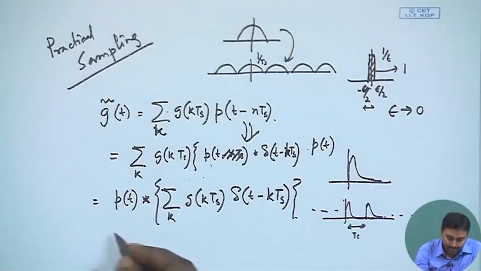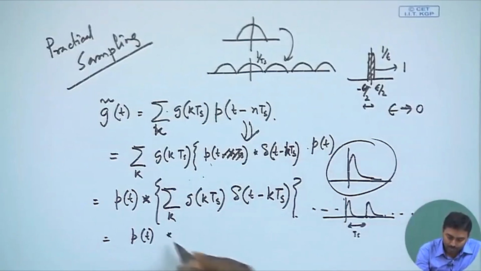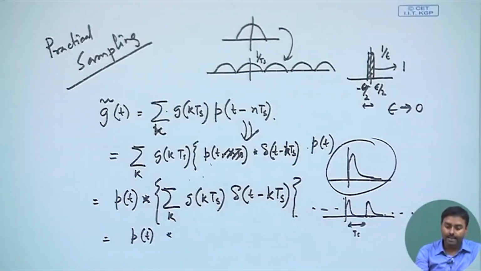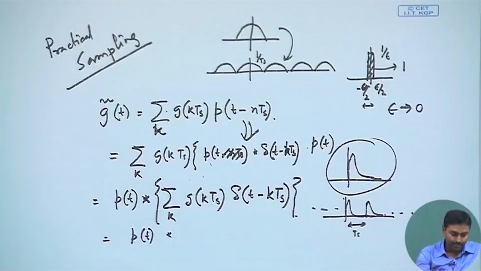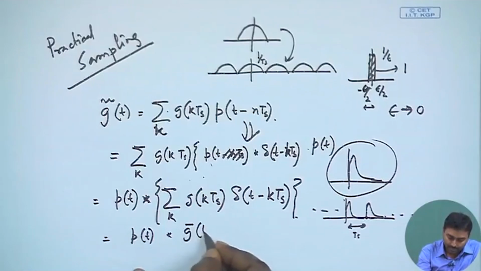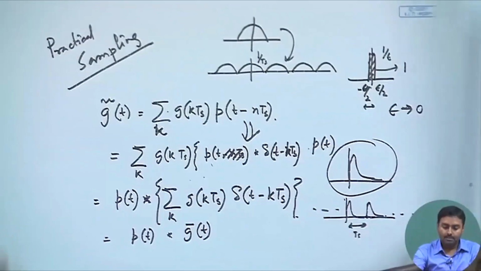I can write that it is nothing but p(t), this pulse, convolved with, going back to the sampling with the delta train for mathematical representation, g bar(t). So, that is what happens whenever we sample with any arbitrary pulse. We are theorizing it so that we can sample with any arbitrary pulse, probably some finite-width pulse.